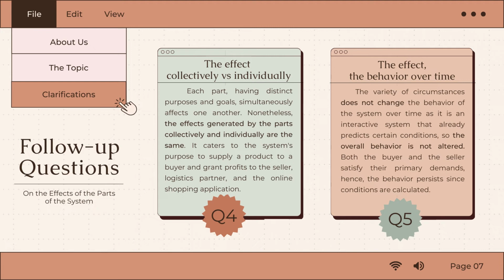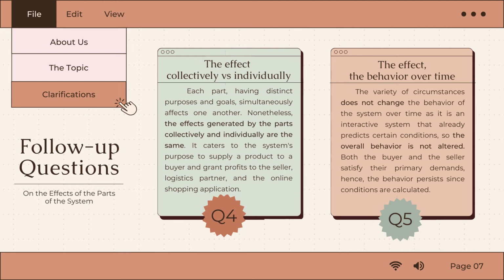Although each part may have a specific purpose, for instance, the buyer's objective is to buy to fulfill their demand. The seller's goal is to sell and make a profit, while the logistics partners earn profits by delivering the parcel to the buyer. Lastly, the online shopping app provides a platform for all of these to have an interactive and convenient shopping experience and make a profit.